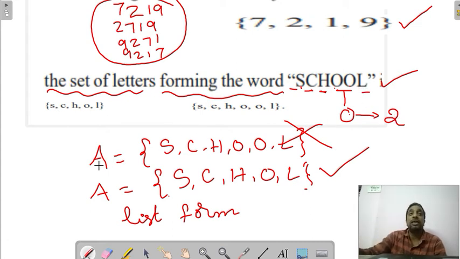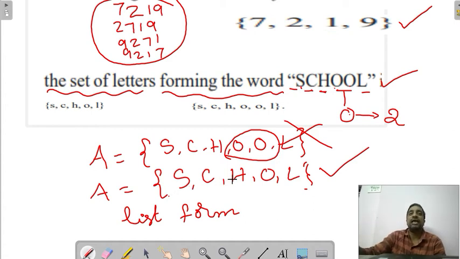Why one O? Because one student has written S, C, H, O, O, L blindly, and another student S, C, H, O, L. The second one is correct, because in sets elements should not be repeated. O is repeated in the first one, so it is wrong.